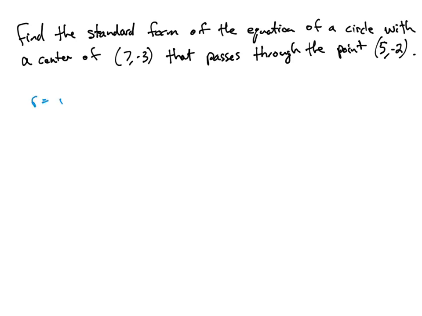So the equation of the circle, x minus h quantity squared plus y minus k quantity squared. That's what we want to deal with. So h, k is the center, so 7 and negative 3 are the coordinates of the center. So we can plug those in.